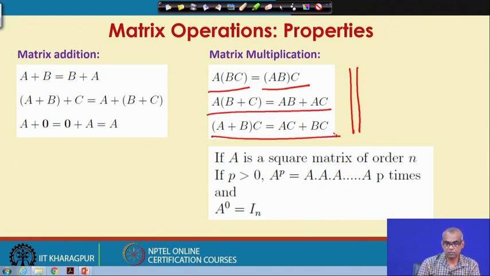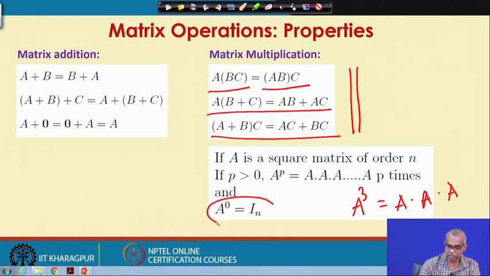If A is a square matrix of order n, and if p is greater than 0, A to the power p is A times A times A up to p times. So, A to the power 3 is A times A times A. A to the power 0 is the identity matrix.